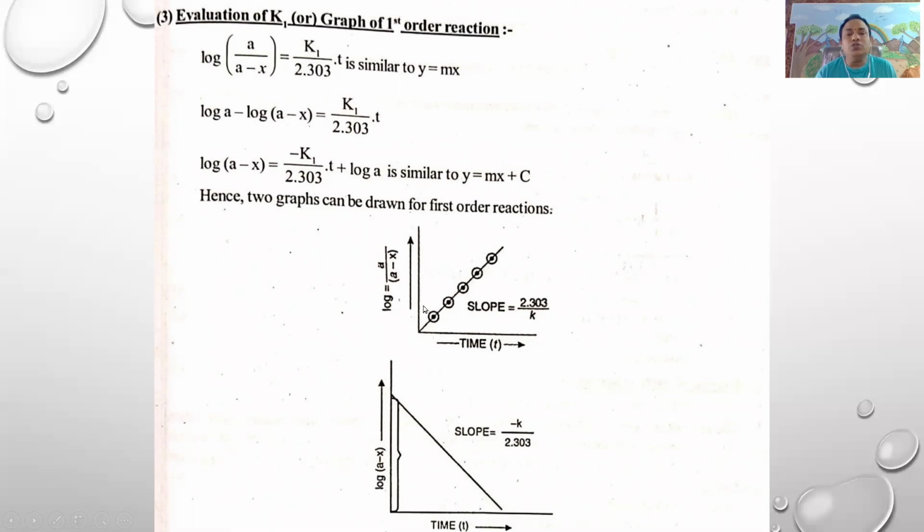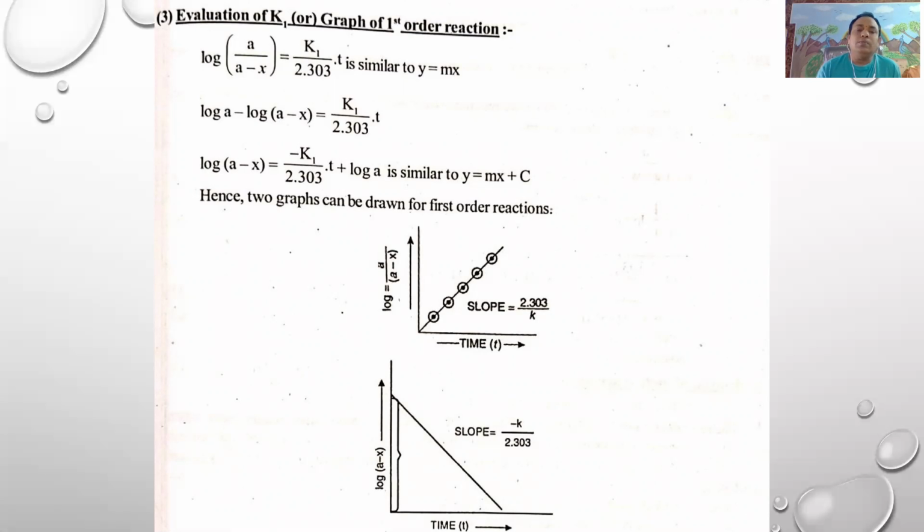From this positive slope of straight line, the slope of straight line equal to AB by BC equal to, that is the m value, K1 by 2.303. That is K1 equal to 2.303 into slope of a straight line.